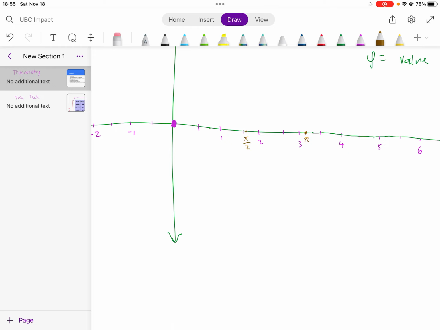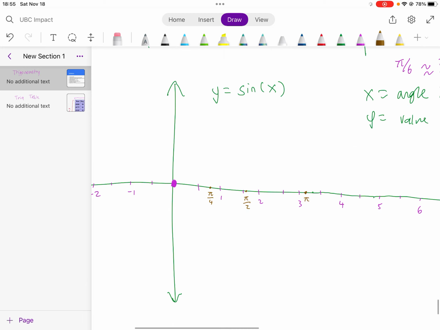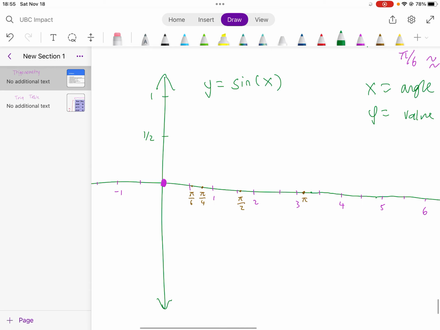And here is pi over 4, etc. And so pi over 6, we say is about 0.52, so that's where pi over 6 is. And similarly on the y-axis, we're going to put some values.